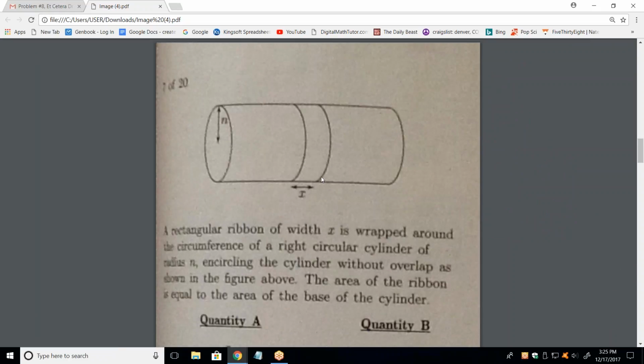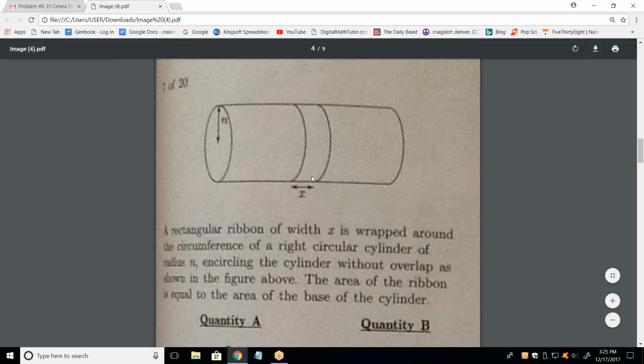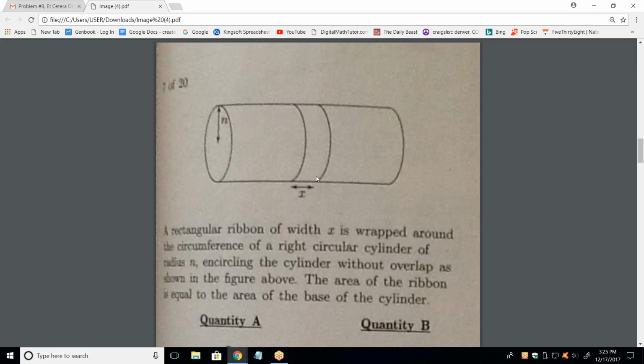That problem is a little tough. It was good to know the height of that ribbon. Not everybody, that's a tough one in geometry. Figuring out the surface area of something that wraps a cylinder. And believe it or not, that's a critical question for calculus also. You have to be able to take surface areas and figure them out based on the fact that that unwraps to a rectangle.